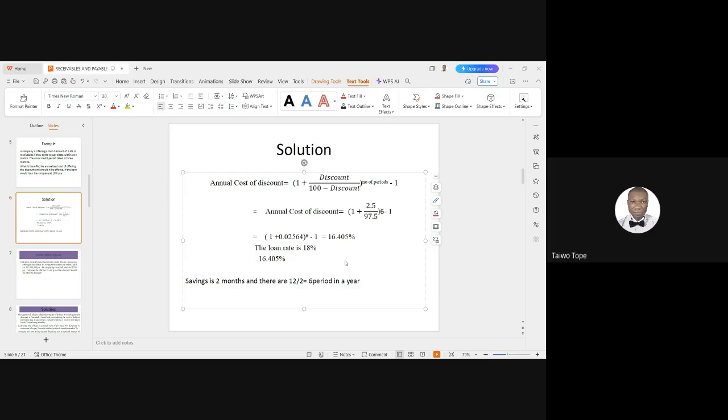Yes, it's a form of factoring, just like discounting of bills. Because I quickly need cash, the bank can decide to give me a certain percentage, and once the customer pays back, they quickly remove their money and the interest and give me back the balance that is due to me. Yes.